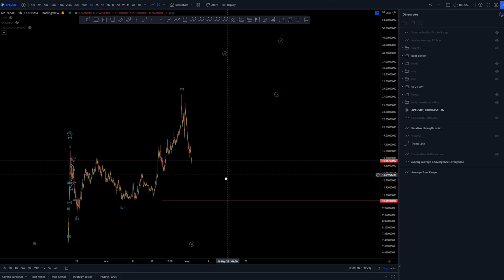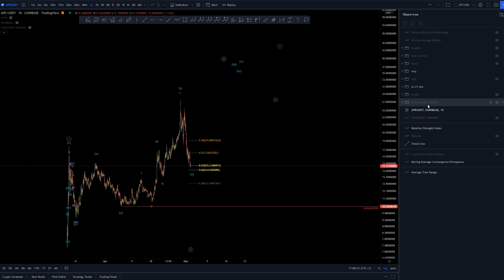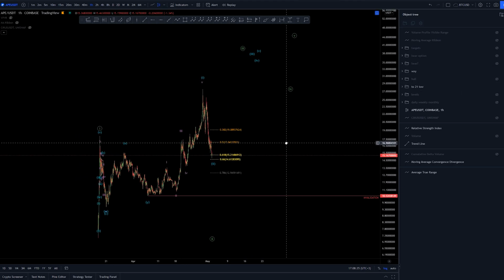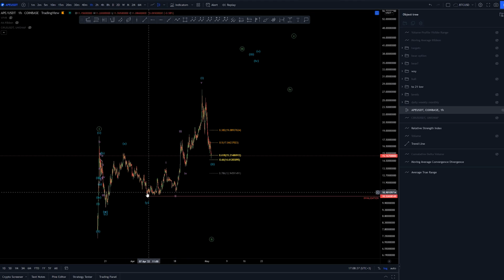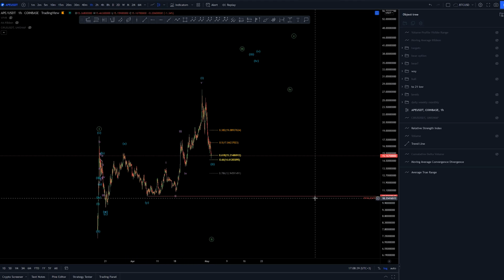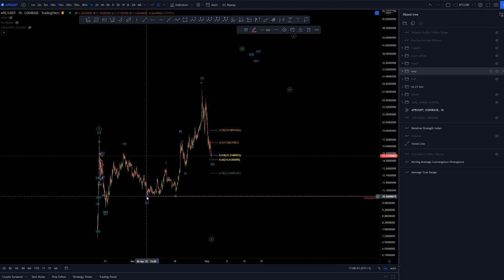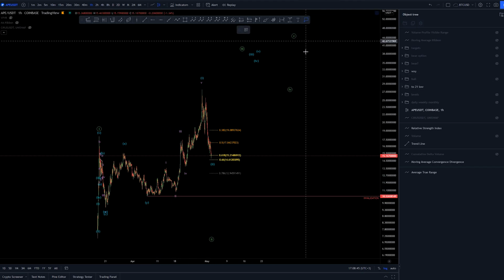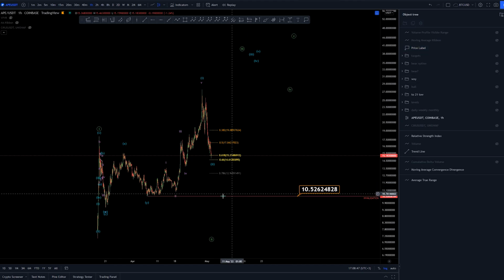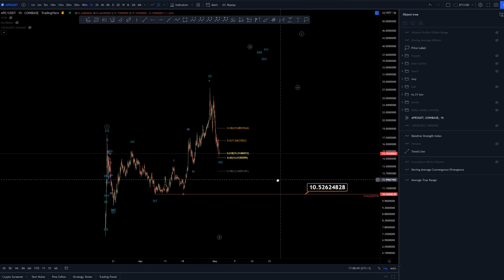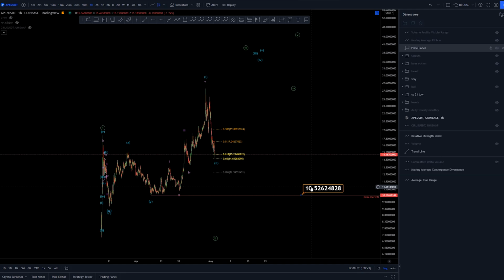Now, for the bullish moves, of course, getting back to them for a short time, we have this invalidation here. Both of them have the invalidation at around the $10.50 area. If we go lower than that, we have to be looking at some other alternatives and possibilities.